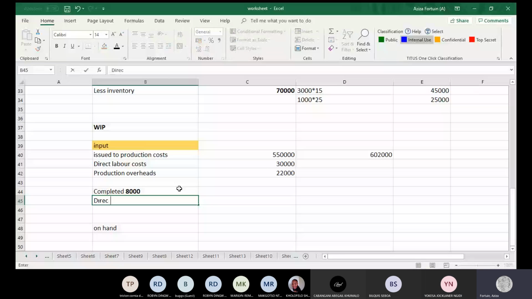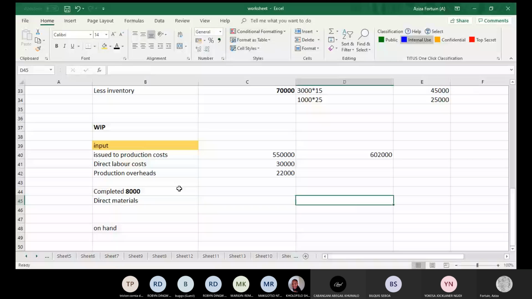Let's look at the direct materials first. What is going on with my direct material cost? That was issued to production, which was 550,000.